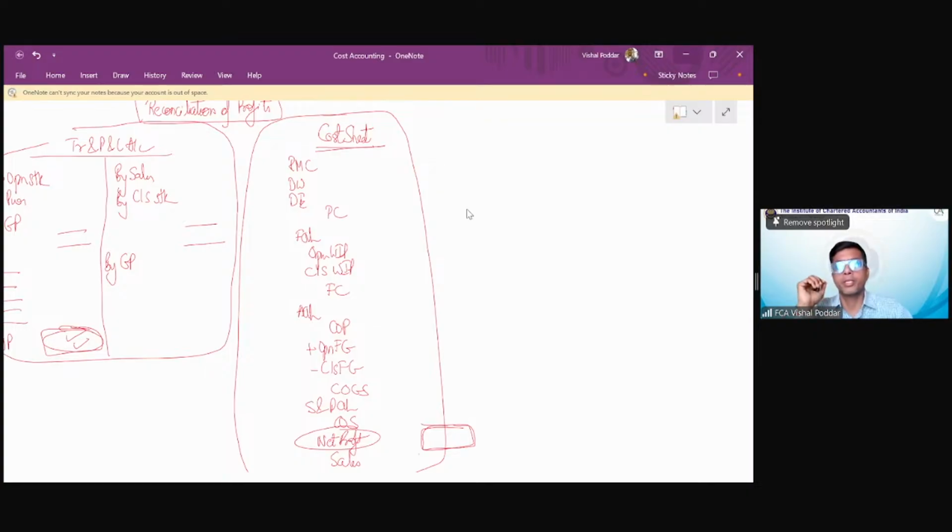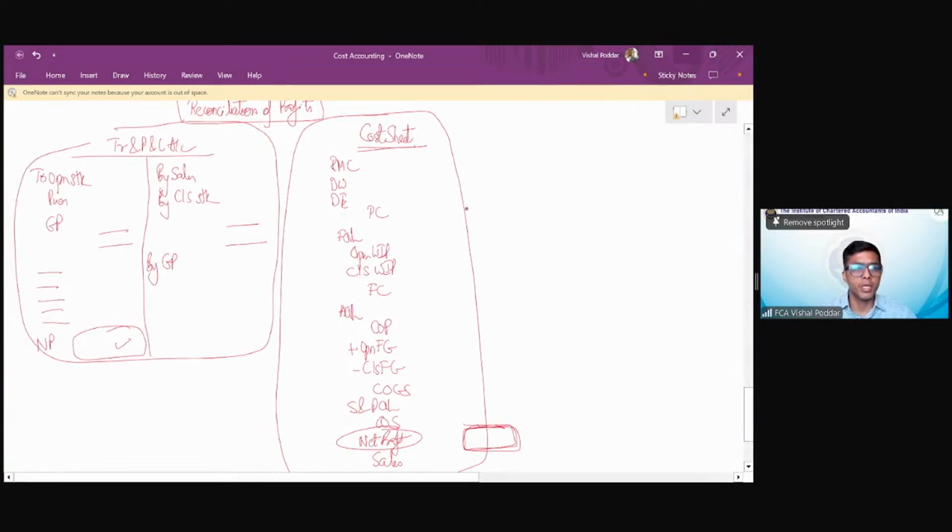Now, how to do this? That is what is the reconciliation over here. Now, for this, you have to first understand what could be the causes for having a different net profit here and a different net profit here. So first cause is the amount of these expenses which are debited.